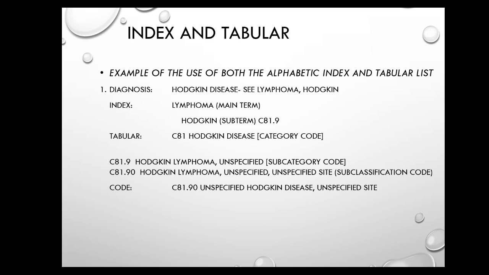So the code that we will choose for this example is C81.90, which represents unspecified Hodgkin disease, unspecified site. We will further discuss how to locate your codes correctly in this presentation a little bit further.